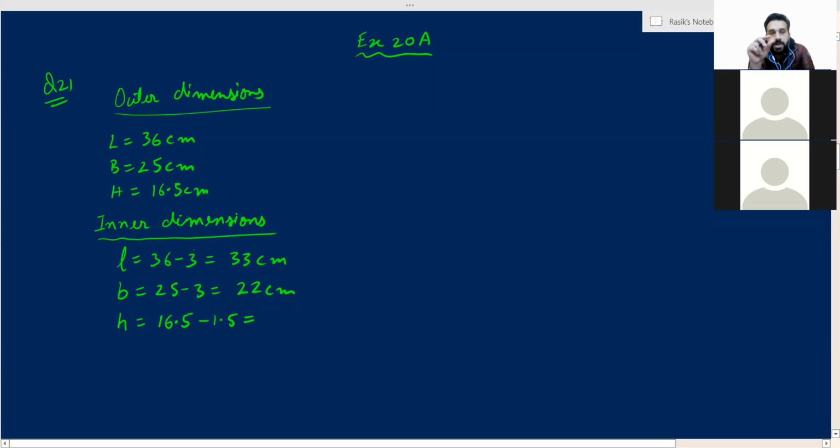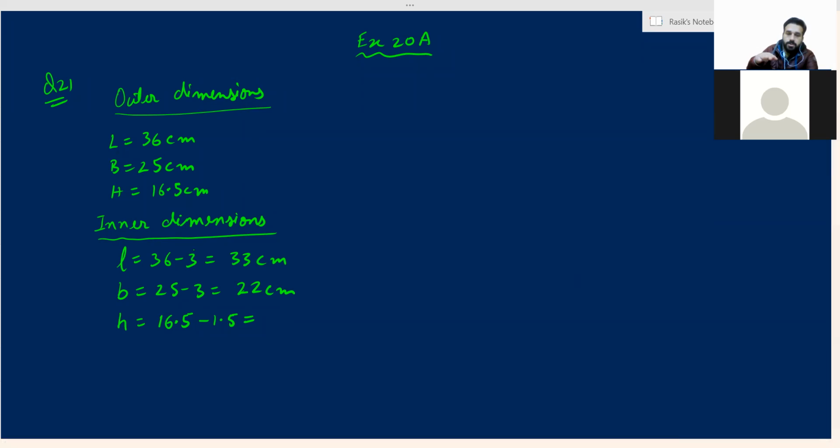Because we will subtract the thickness of the iron only from the bottom, not from the top, when we are talking about the height, because the box is open from the top. Read the question carefully. You have to make an open box. Open box means there is no lid, no cover. So there will be no iron at the top. The iron is there only at the bottom.